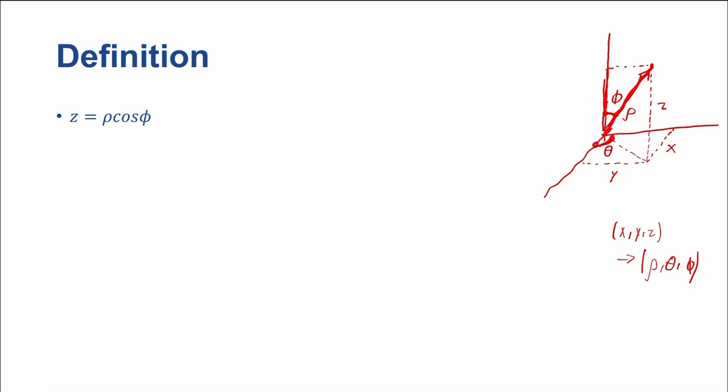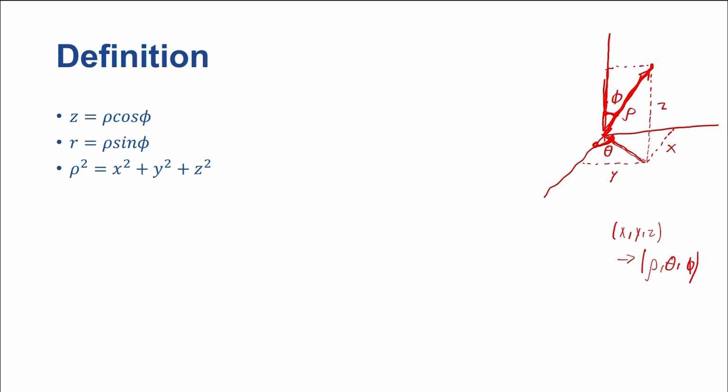We define r as rho sine of phi. So r is this quantity here. And we also have the equation rho squared equals x squared plus y squared plus z squared, which should be fairly simple to remember.